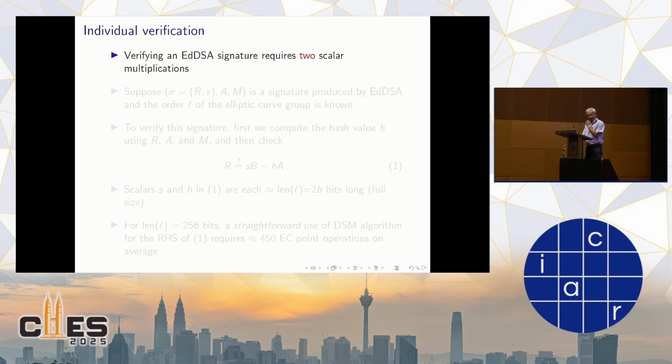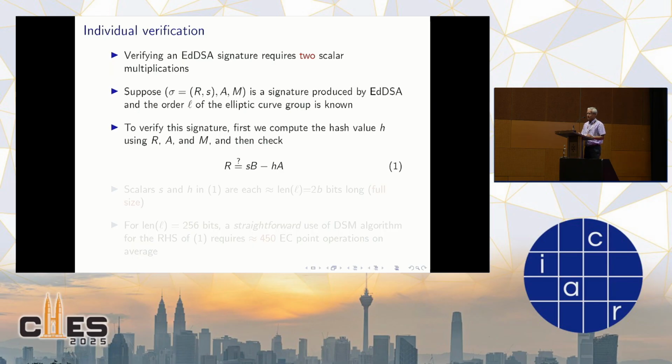Verifying an EdDSA signature requires two scalar multiplications. Suppose we have the signature sigma, the point R and S, on message M with public key A, and say we know the order L of the elliptic curve group.